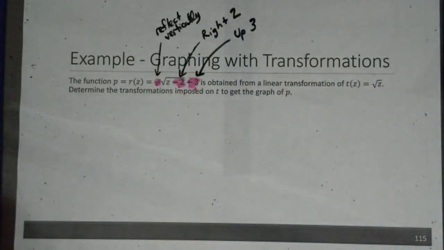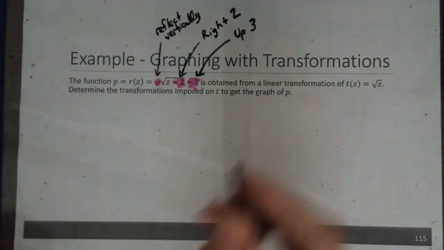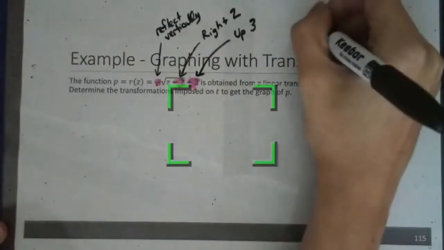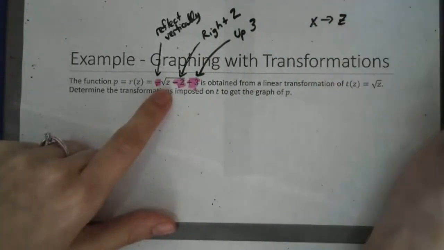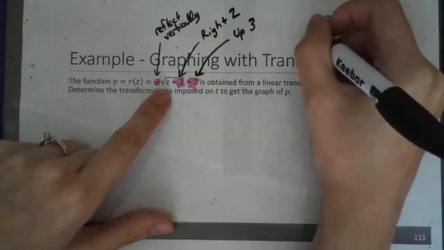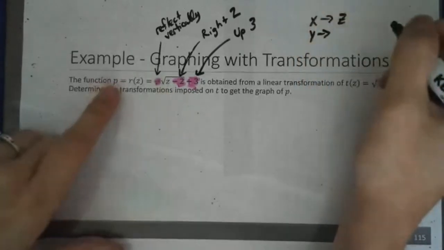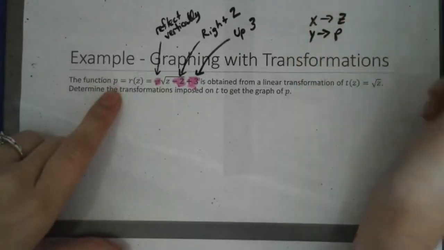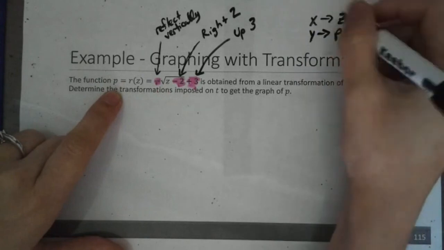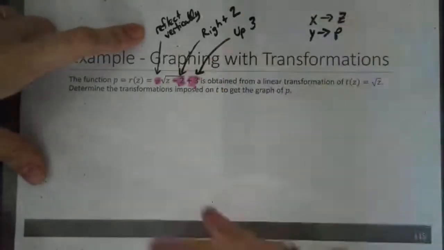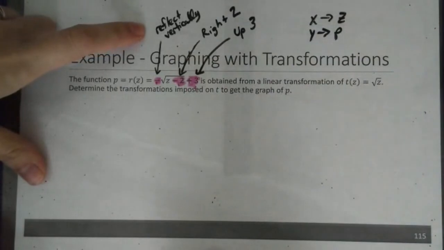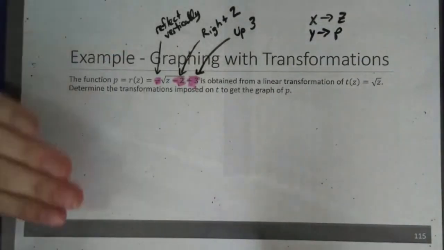Now, a little bit tricky about this one is we're not talking about x, y. We're using different variables. In place of where we normally see x is z. Where we normally see y is this p. So I need to make sure I'm using the right variables here. So if we are reflecting vertically, we're reflecting over the x-axis.